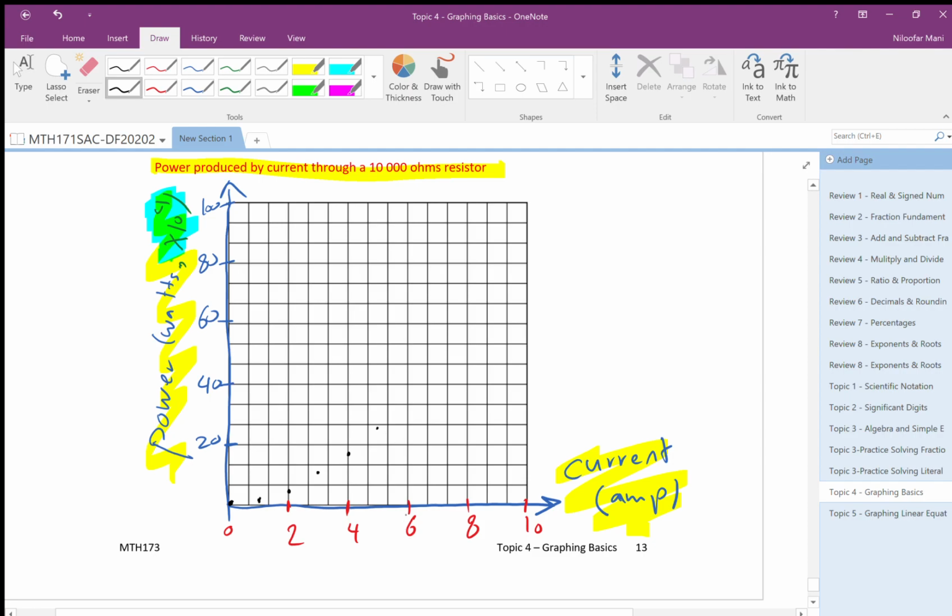Yes. 6 and 36, very close to this one. Okay, 7 and 49, almost in the middle. 8 and 64, a little bit here. 9 and 81, so it's here. 10 and 100. Okay, now I connect them.